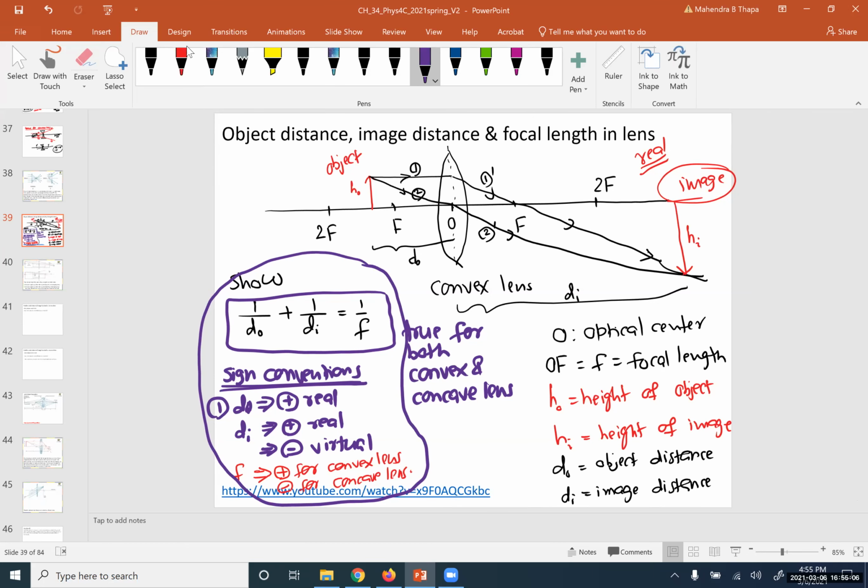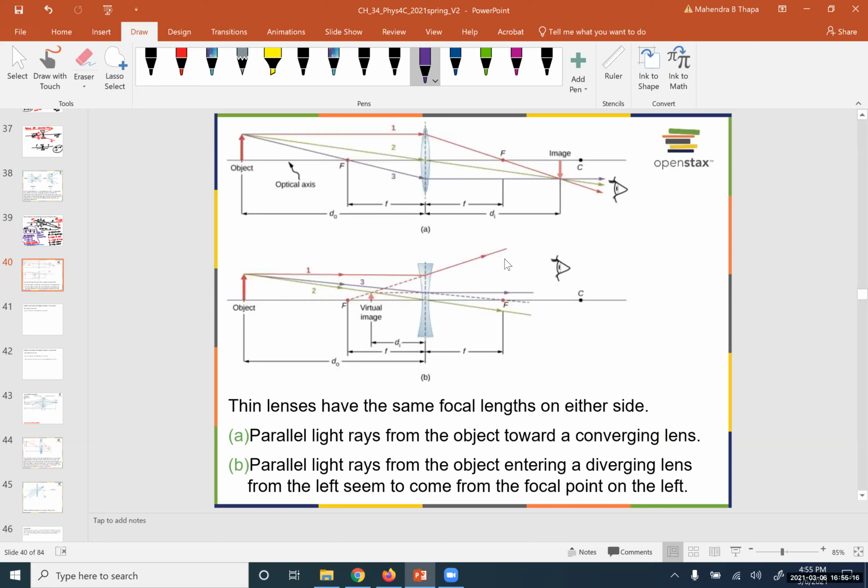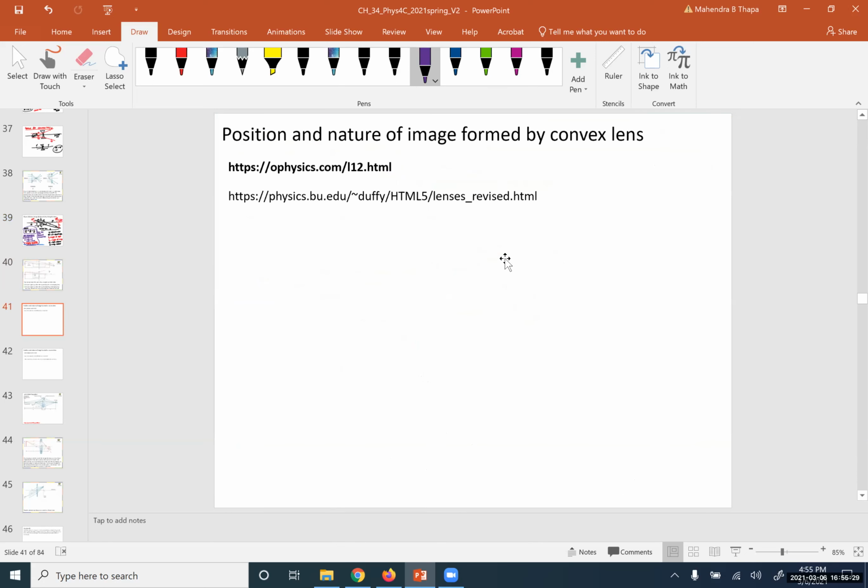So this is the concept behind the object distance, image distance, and focal length. Let's see how object distance and image distance relate to the focal length. The focal length will be the same. Object distance could change, image distance could change, but the focal length remains the same.